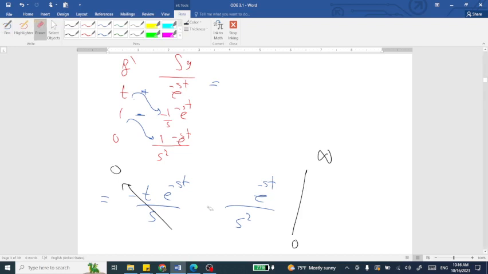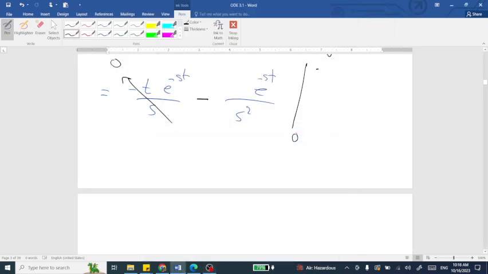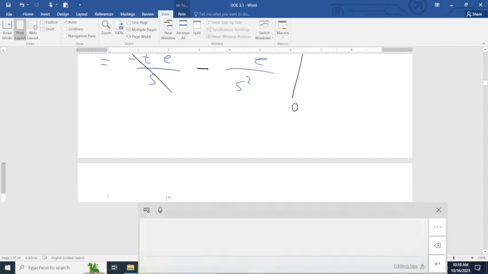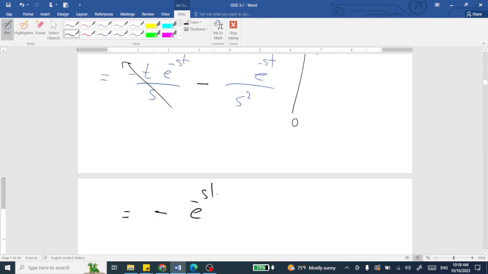Let me check: UV minus the integral of V dU. So it remains minus e to power minus st over s square, from 0 to infinity.